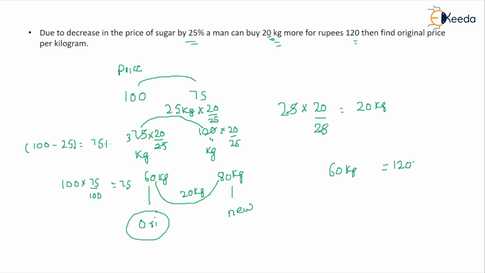So from this you can find the per kg value. If you divide it by 60, this will become 1 kg. So if you divide this by 60, you also need to divide this by 60. So the value of 1 kg will be 2 rupees, right? So the answer of this question is 2 rupees. Okay, thank you.